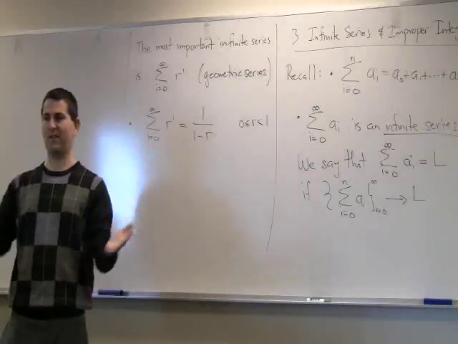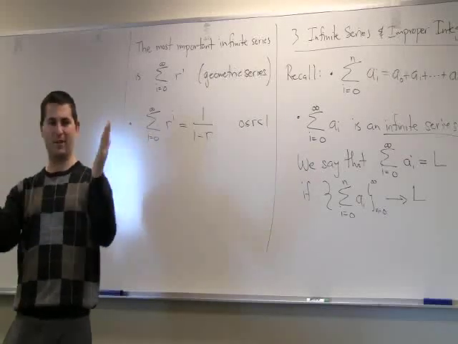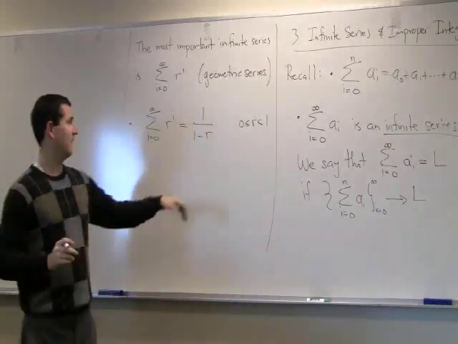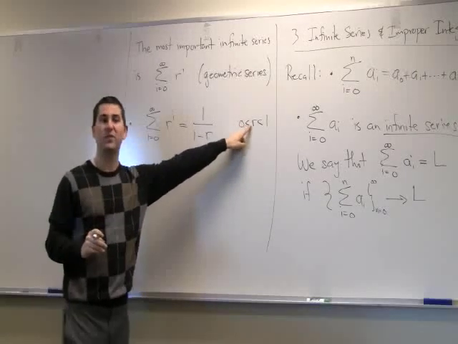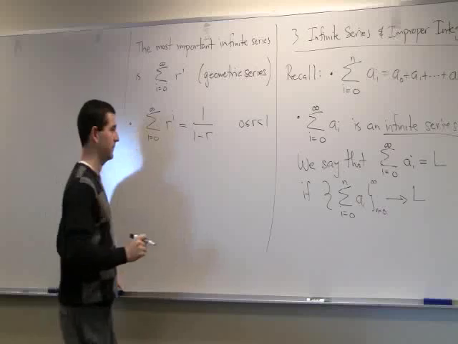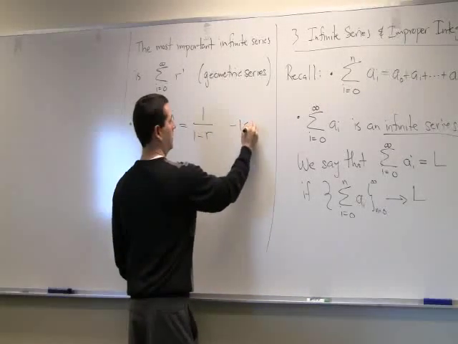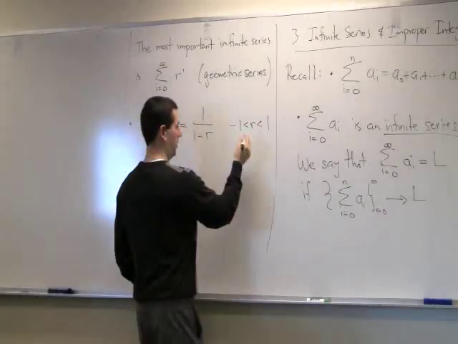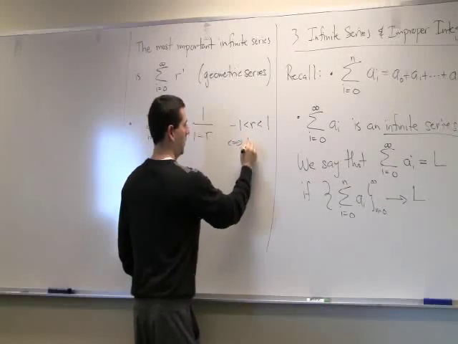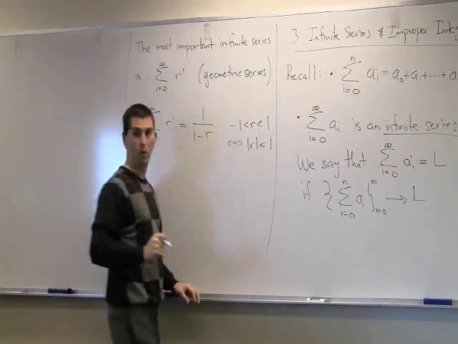It's always this nice symmetric circle. Well, it's actually just a line segment. The middle of the circle here is actually 0, which means it's going to go to minus 1 as well. So it should go minus 1 less than r less than 1, or alternatively, the absolute value of r is less than 1.